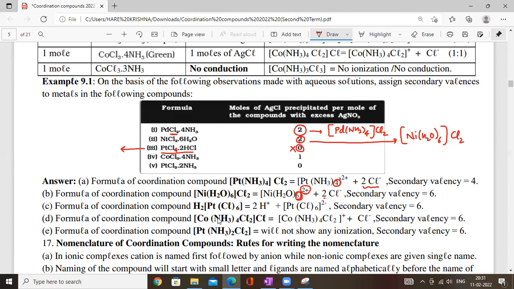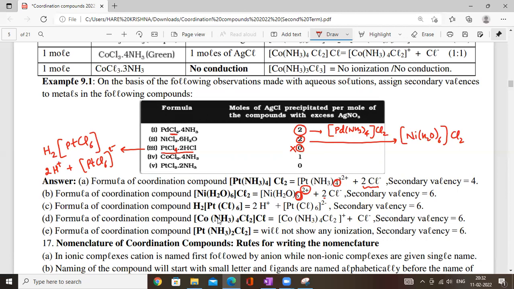So I can write down this compound as PtCl6. And what about these 2 hydrogens? I can put these 2 hydrogens over here as H2. So if I ionize this, it becomes 2H+ plus [PtCl6]2-.